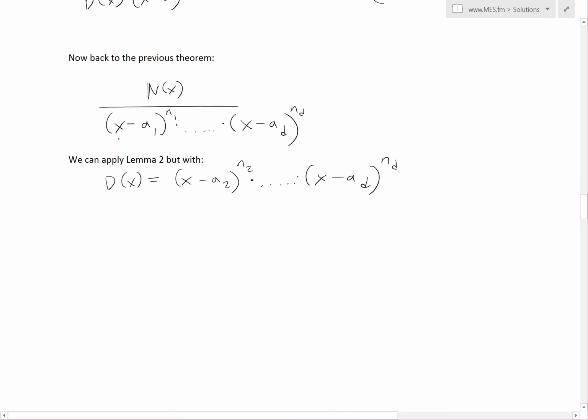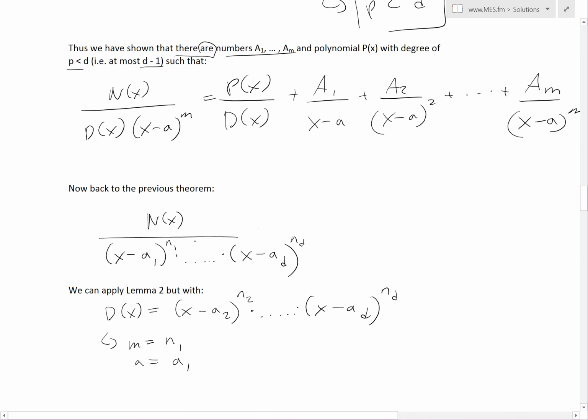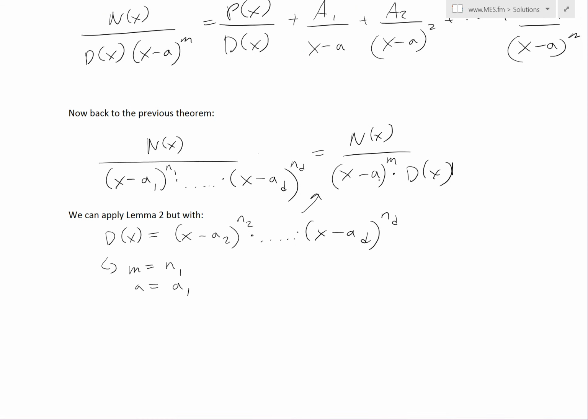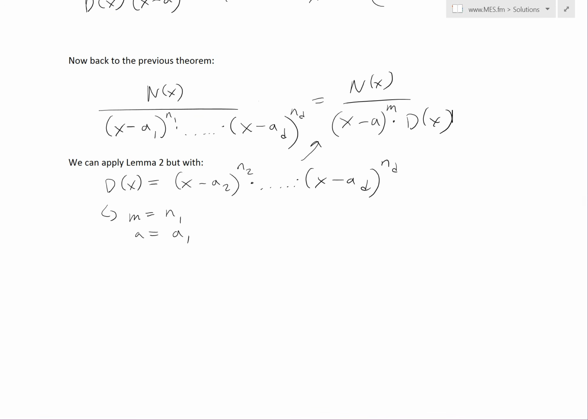So what we're doing is basically separating one of these repeating factors. We let m equal n1, and we let a equal a1, so that we get this written as exactly n of x over d of x times x minus a to the power of m. So that's all we're doing.